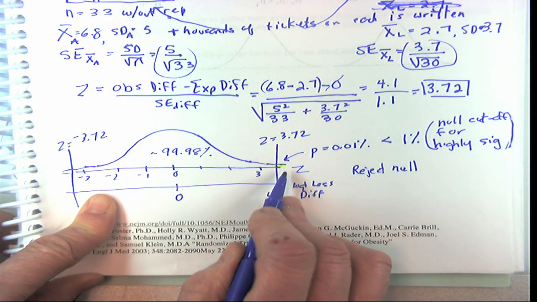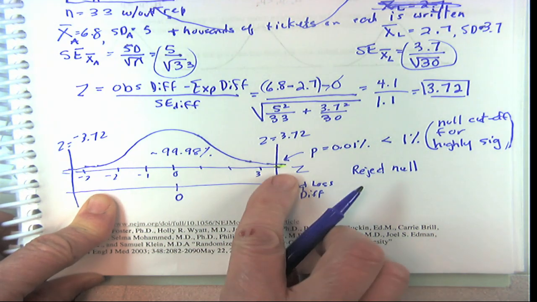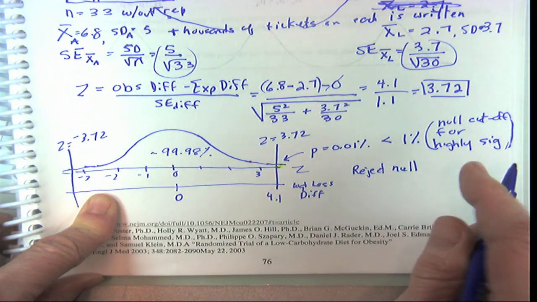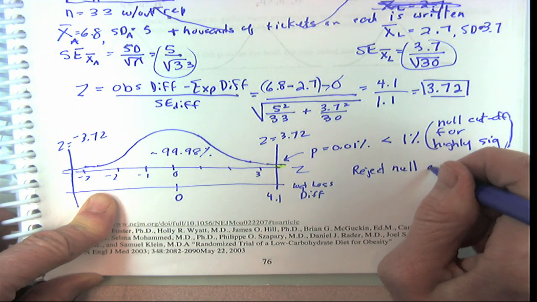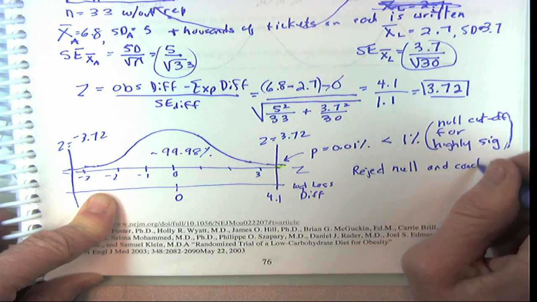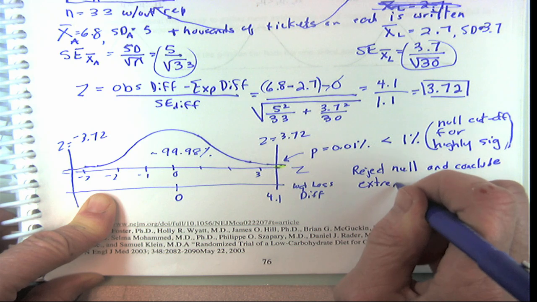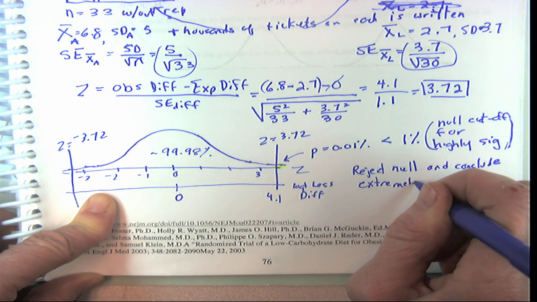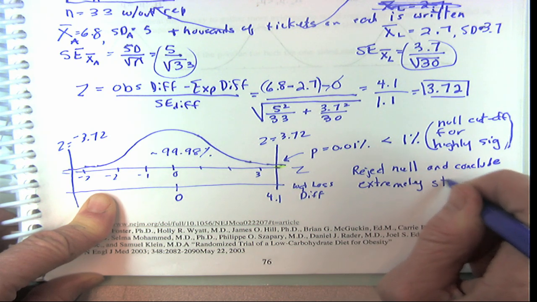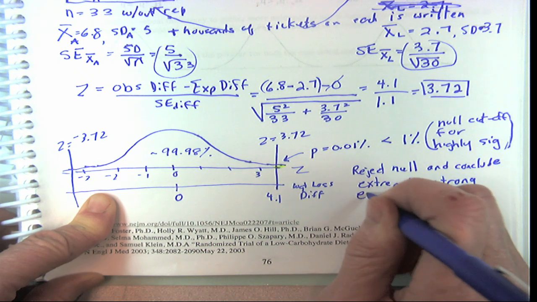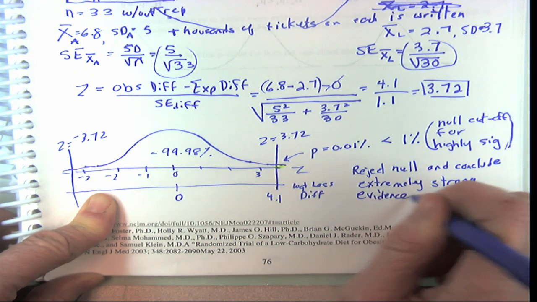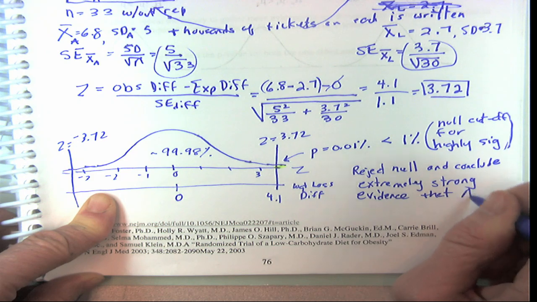The doubt that's left in our minds is minuscule. So we reject the null and conclude that there's extremely strong evidence that the Atkins works better to lose weight.